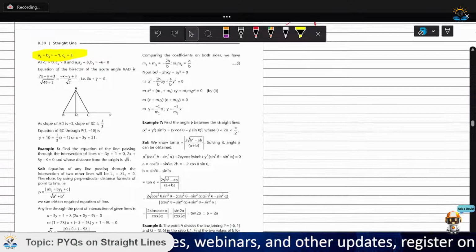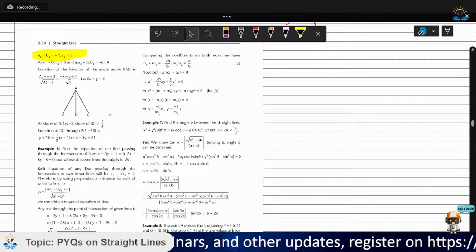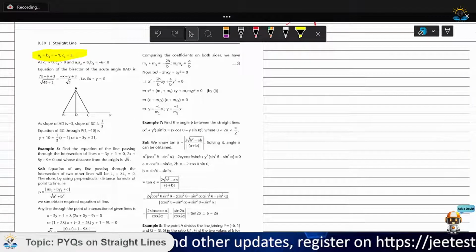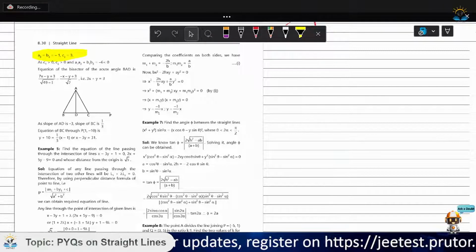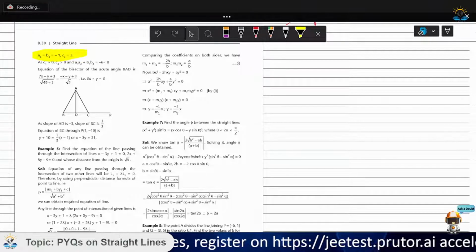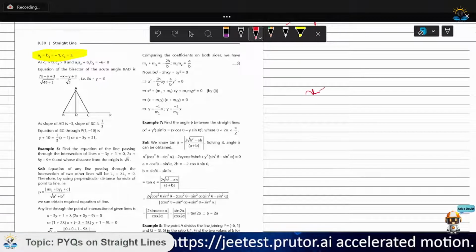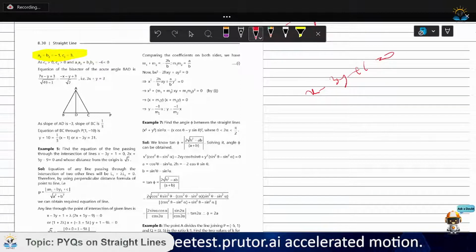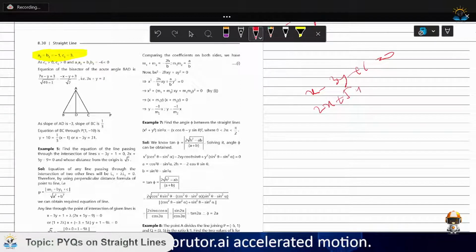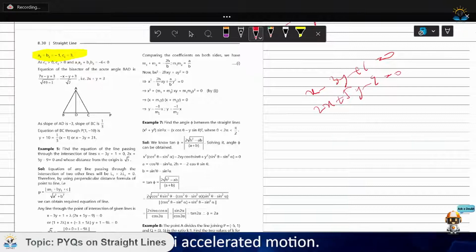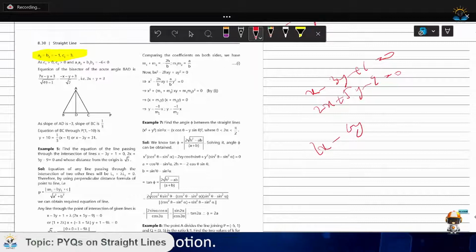So let's move on. Find the equation of the line passing through the intersection of lines and whose distance from the origin is this. So very easy. First, let's calculate the intersection. 2x minus 6y plus 2 is equal to 0. 2x plus 5y minus 1 is equal to 0.